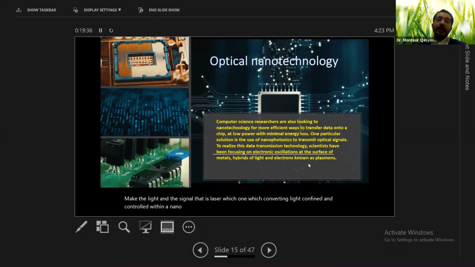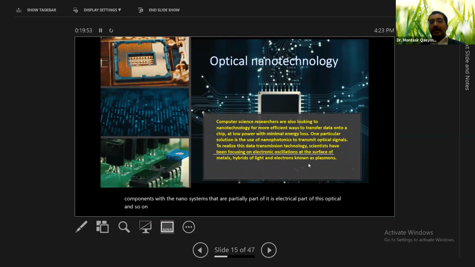This will help coupling between optical systems and nano electronic systems, and one can, at the end of the day, come up with nano components or nano systems that are partly electrical and partly optical, and so on and so forth.